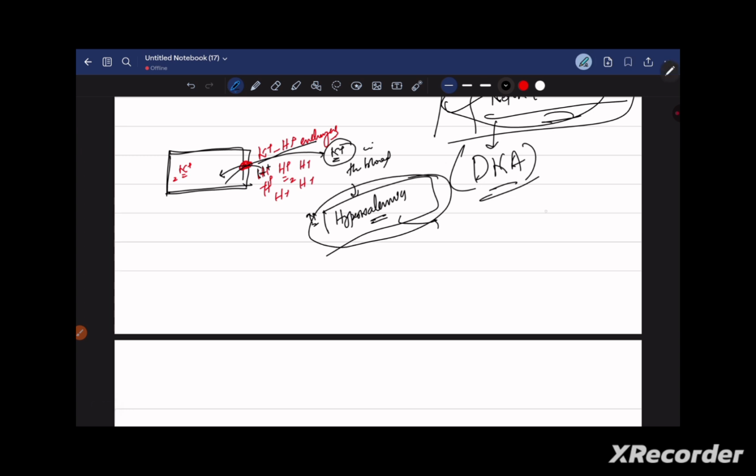Why? Because when you give insulin, normally the doctors treating the patients go for an increased dosage or rapid administration of insulin. Insulin has a counter effect. I will discuss each and everything in the treatment portion, just to make you understand how potassium imbalance kills the patient.